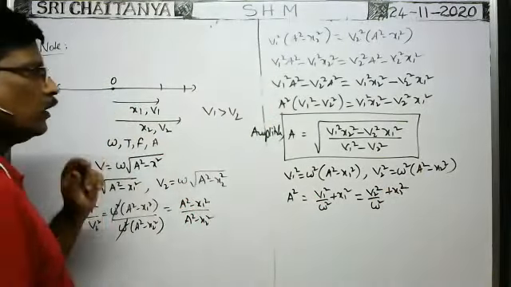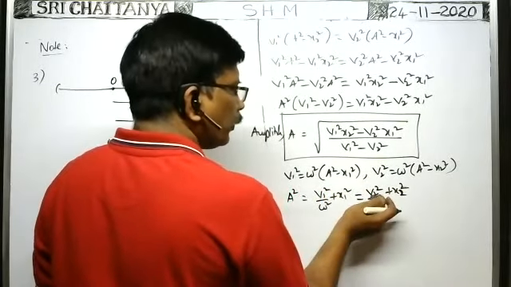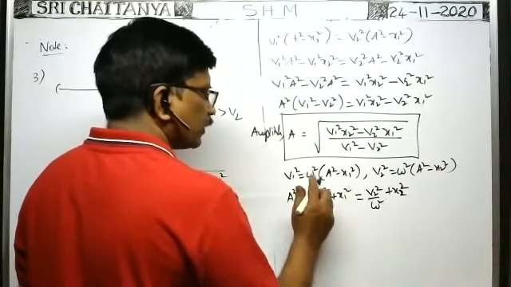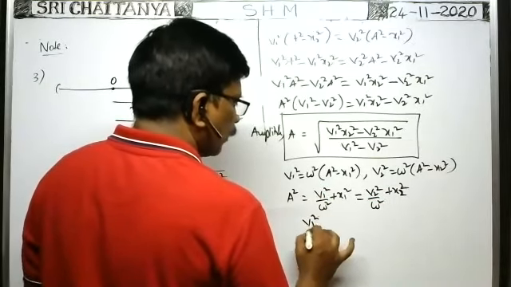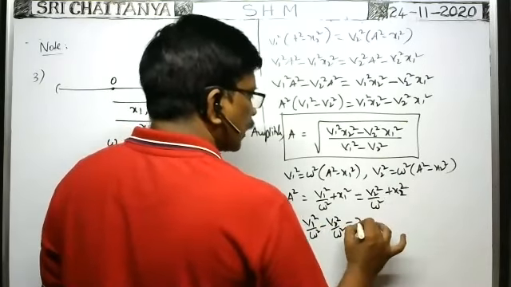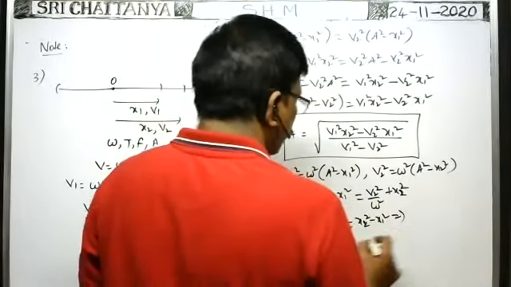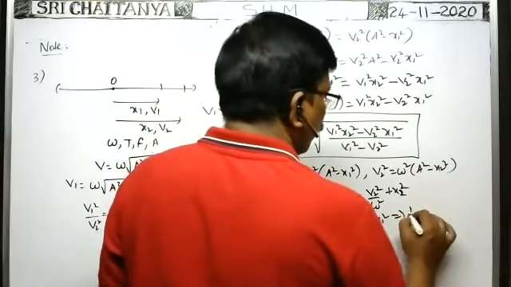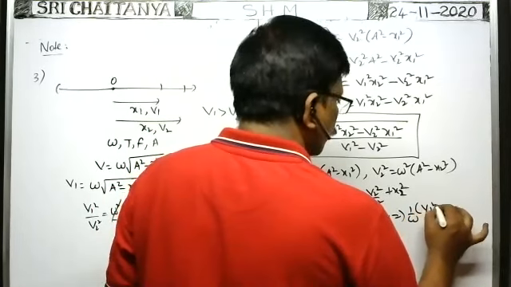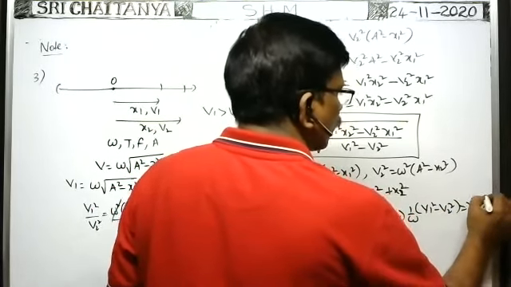x2 is greater now, so you keep x2 here only, you bring this x1 to right, and you bring this v2 square by omega square to left. Then v1 square by omega square minus v2 square by omega square is equal to x2 square minus x1 square. Implies, here you take 1 by omega square common, 1 by omega square of v1 square minus v2 square is equal to x2 square minus x1 square.